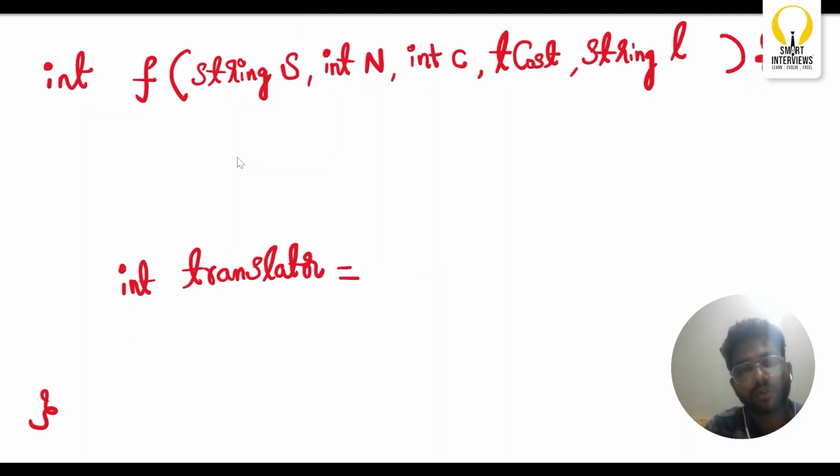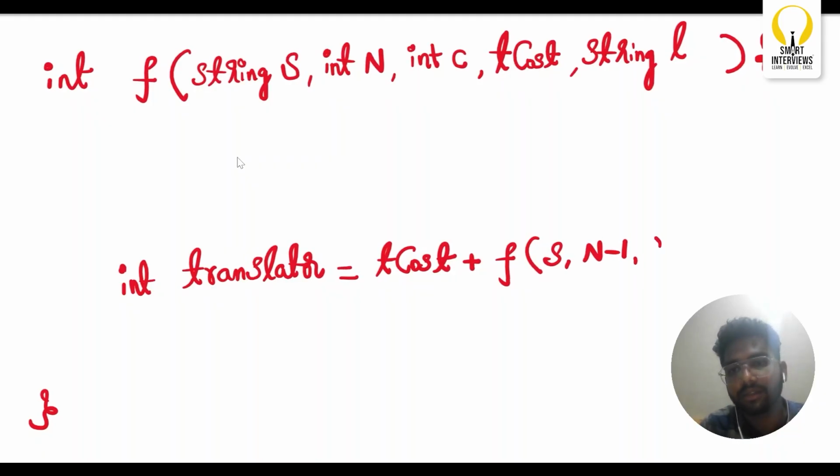What is the cost of choosing a translator? First, the T cost will be added to the function call, and what about the remaining n minus 1 strings, right? Which is s comma n minus 1 and C is constant.